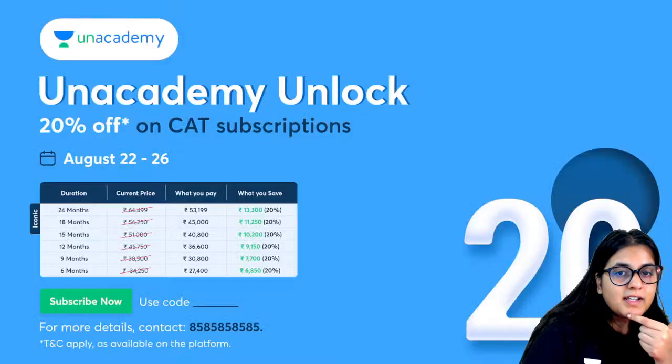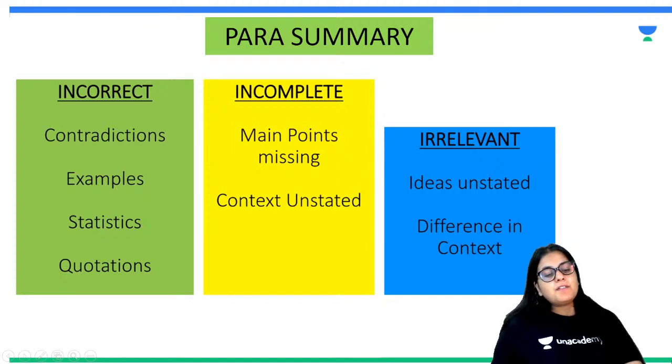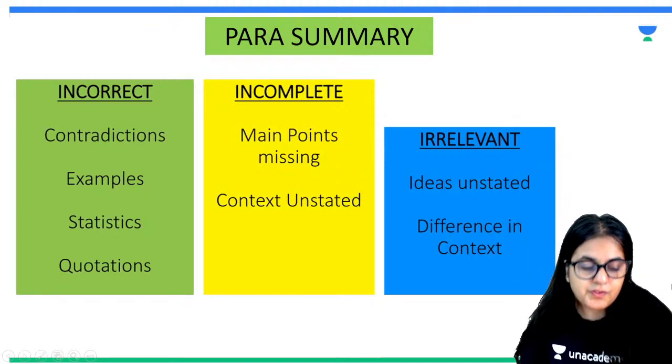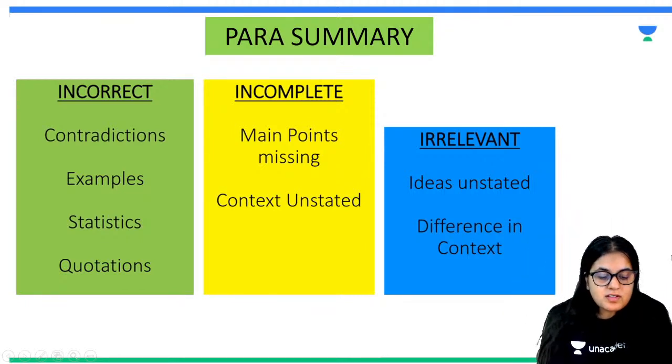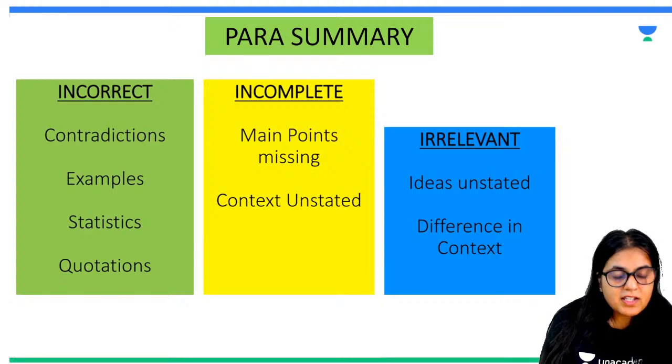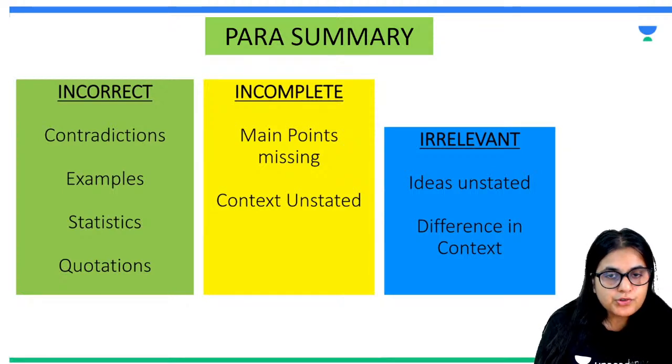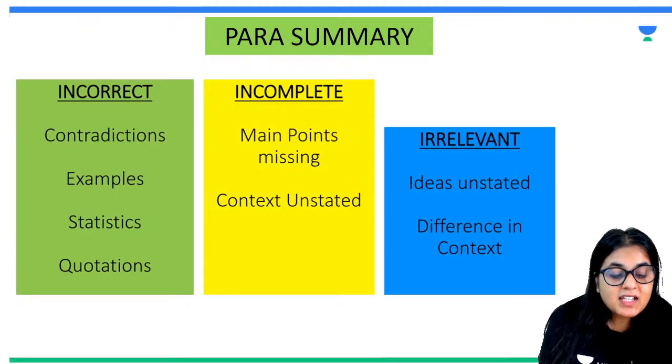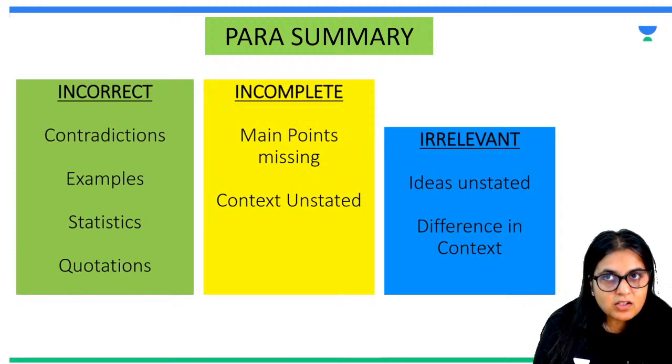Okay, so now guys, when it comes to para summary, what you have to understand is you get a paragraph in which you get options. You have to read the options and you have to decide which option is summarizing or giving the essence or the gist of the passage in the best possible manner.